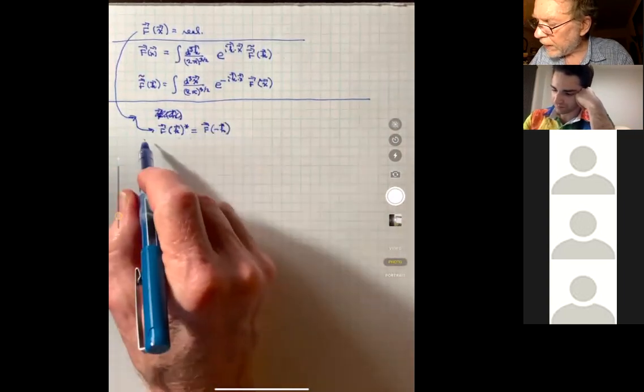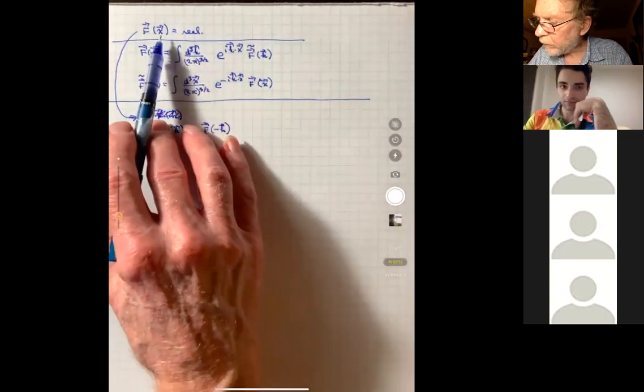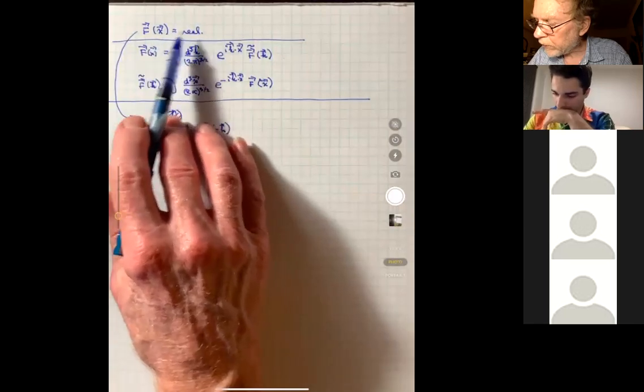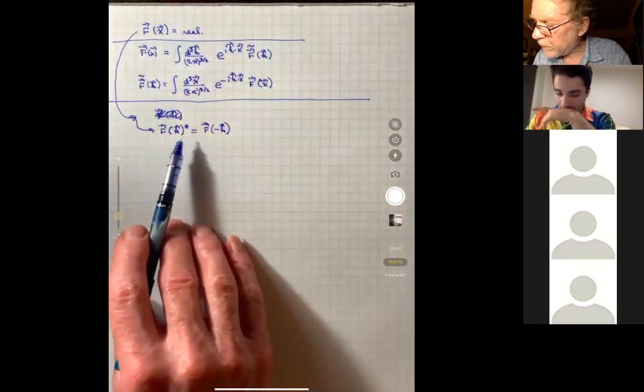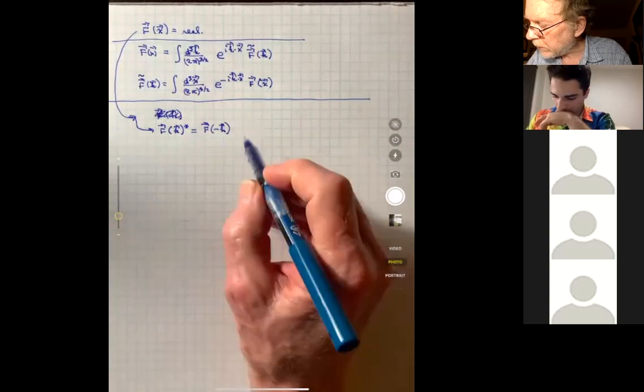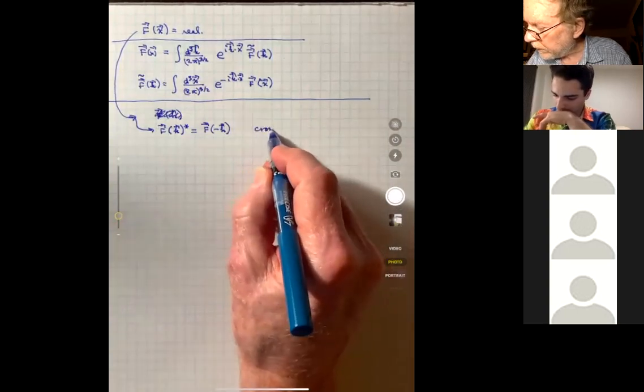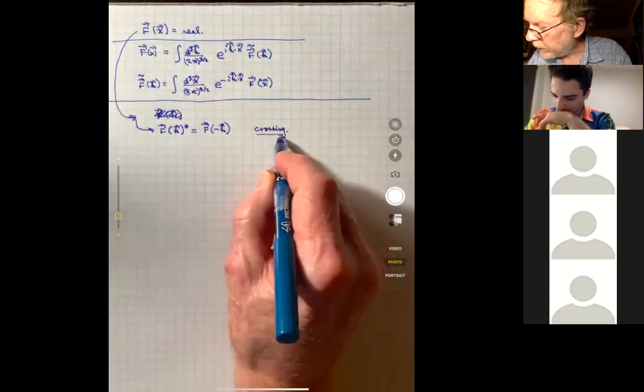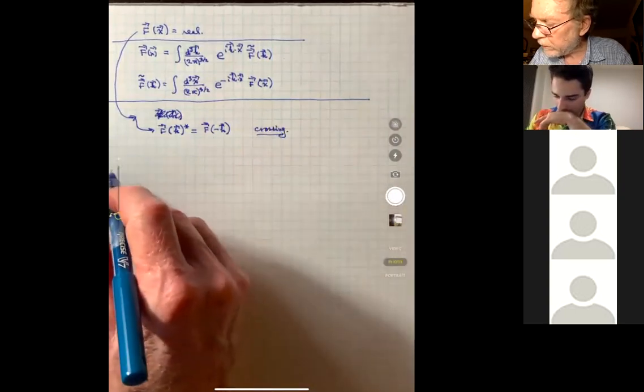Now this derives by virtue of the fact that the field f in real space was a real field. And that means that in k space you have this relation. This is called a crossing relation, by the way. All right, so that's one thing to note.